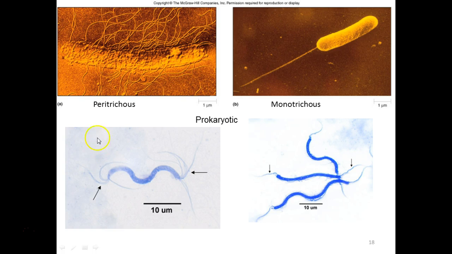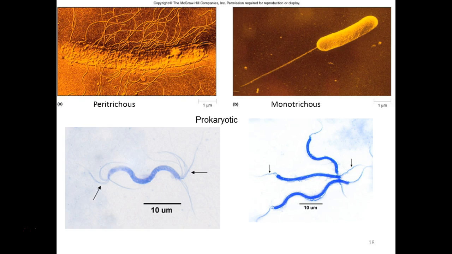This guy is rod-shaped with curves, so this term would be spirillum, not the slinky one. The slinky one under the light microscope looks like a zigzag line. Yeah, this is spirillum. But good guess.